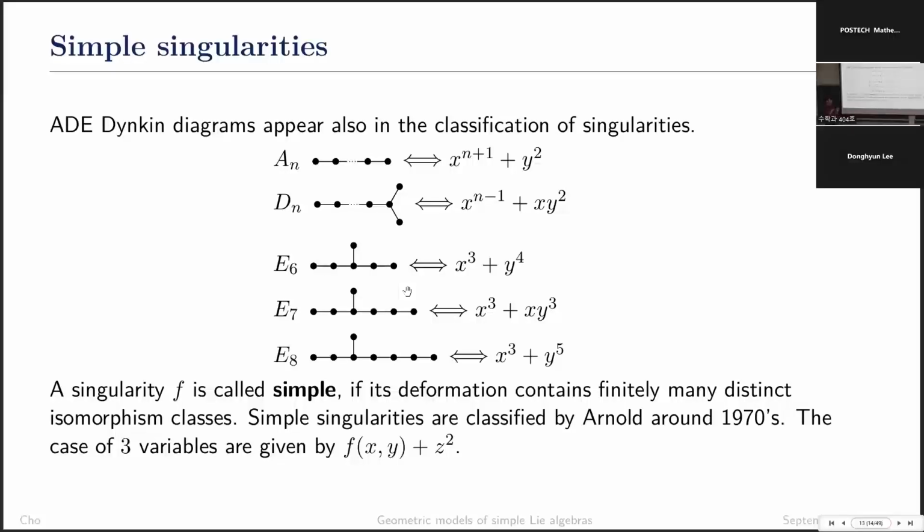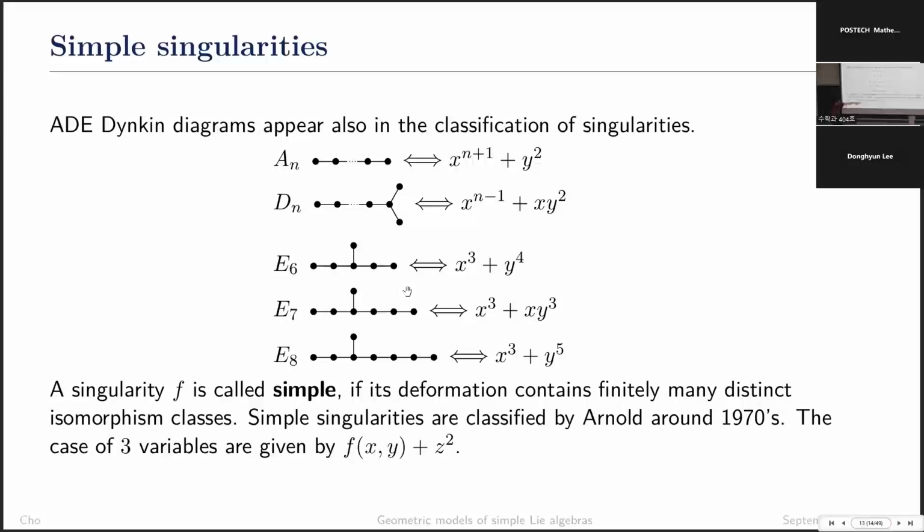Sorry, can you define what the singularity means? Singularity just means that the derivatives are zero. Singularity in what? In 2-dimensional complex space. Maybe if you see the next picture, it'll be clear.